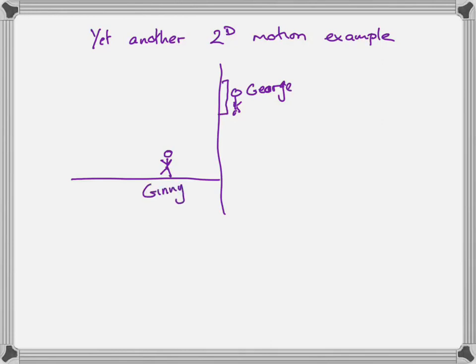It's always a bad idea to pick names that start with the same letter, so I can't subscript them. Let's say Ginny is trying to throw something to George, and the window is 10 meters above where Ginny is throwing from. And let's say Ginny is 5 meters away from the base of the building. Okay, let's start with that.